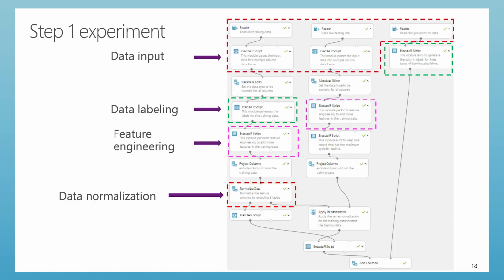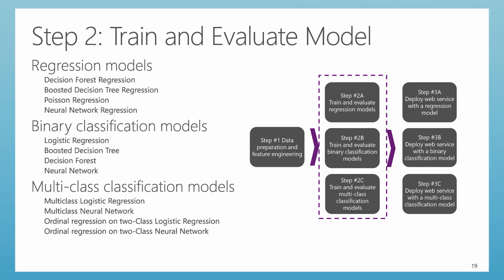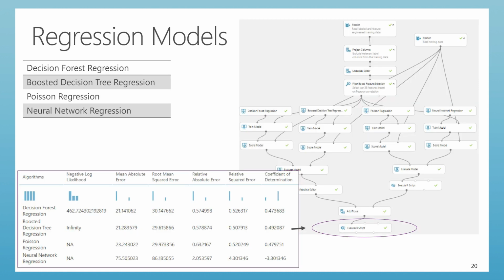This slide shows you a screenshot of the first experiment, what the data preparation step looks like. It has the data input on the top, and also shows you the steps for data labeling, feature engineering, and so forth. Now let's take a look at the second step. Because of the time limit, I will only show you what the regression model looks like.